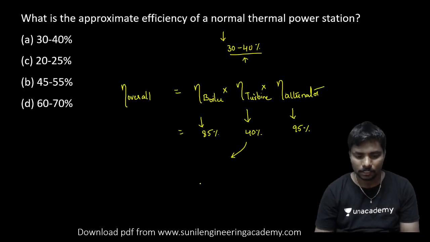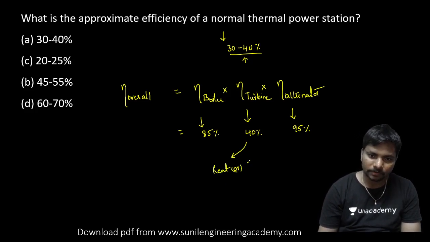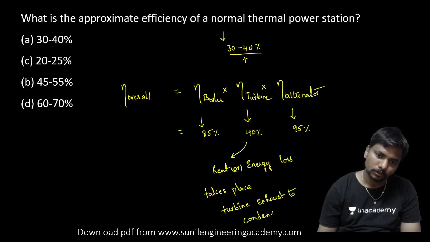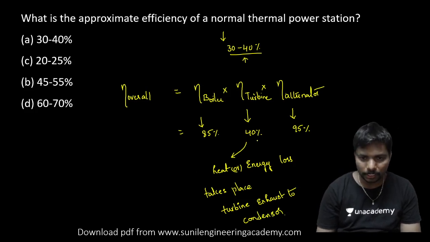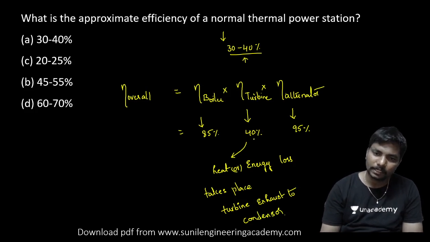So heat energy loss takes place at the turbine exhaust to the condenser. A lot of heat energy is wasted in the turbine.